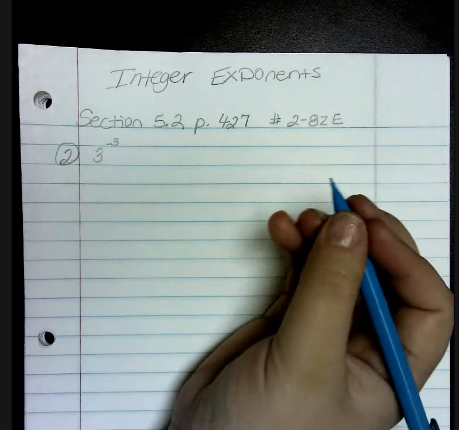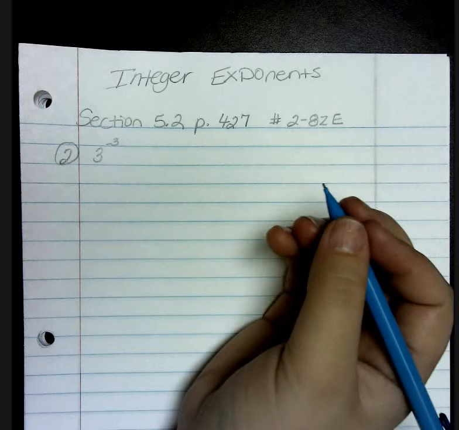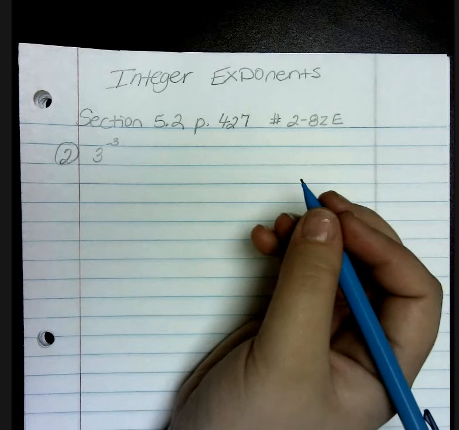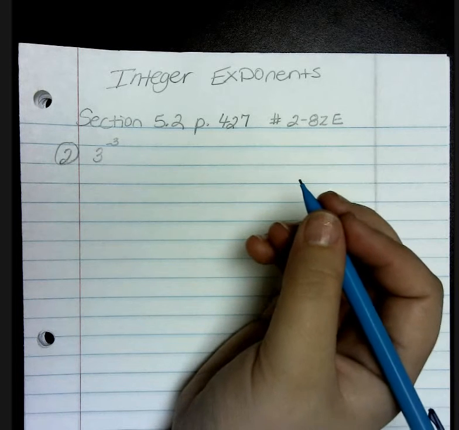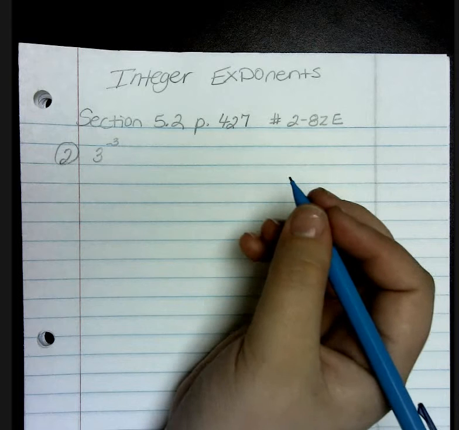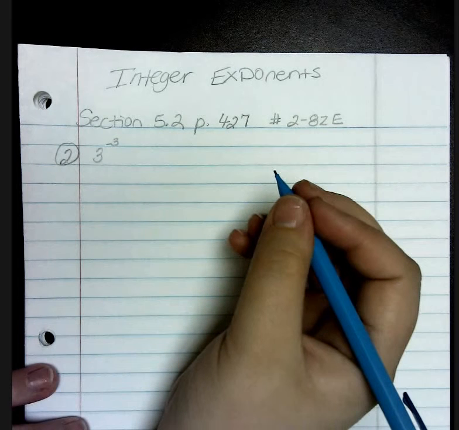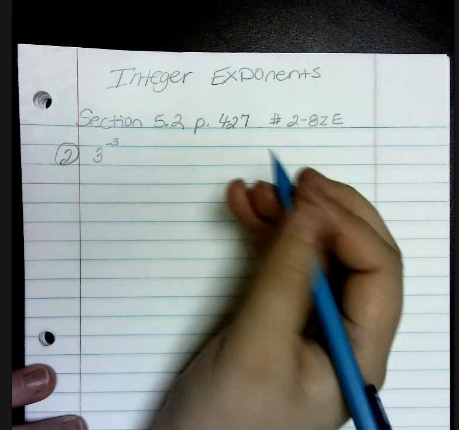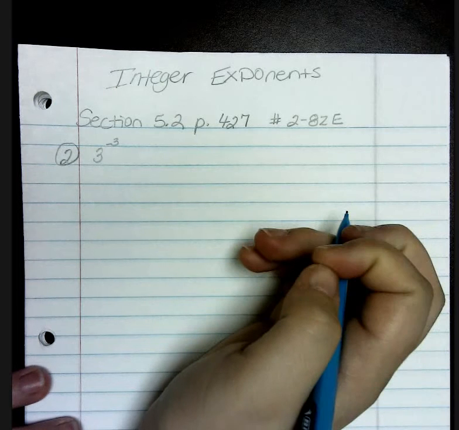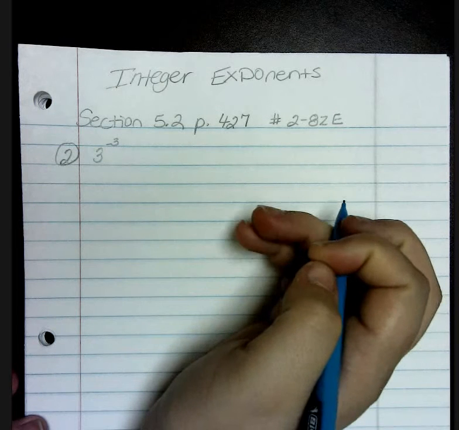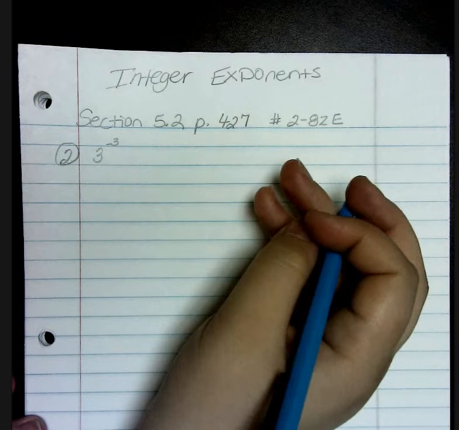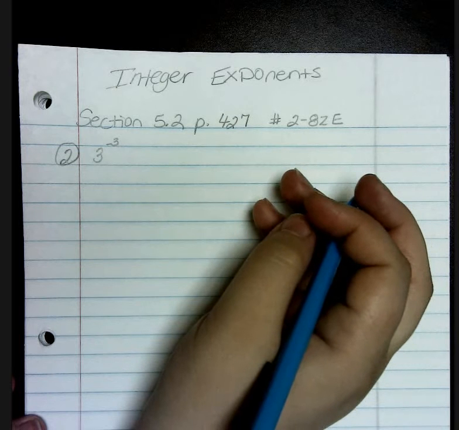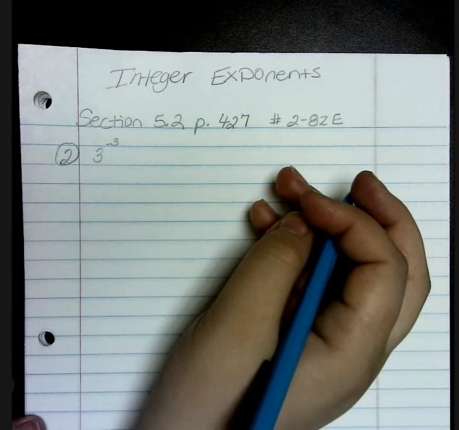Integer exponents are when you have positive and negative exponents, including 0 for your exponents. Whenever you have a negative exponent, the way to make it positive would be to move it to the other side of the fraction. In fractions, you always have a numerator, which is the number on top, and a denominator, which is the number on the bottom.